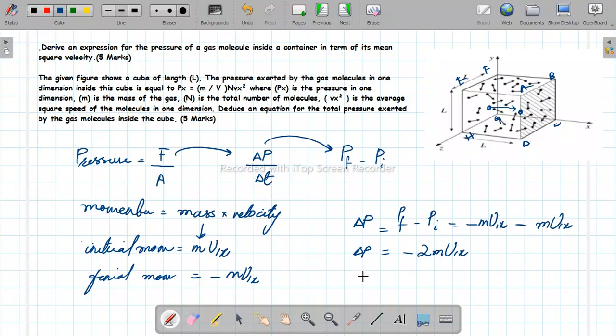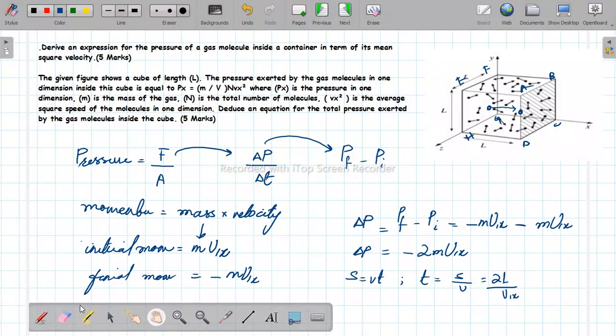In other words, we know that s equals v t, so this t must equal distance over velocity. The distance this molecule traverses to reach this wall back is L and then again L, so it has to be 2 times the length over the velocity of the molecule, which is still v1x.